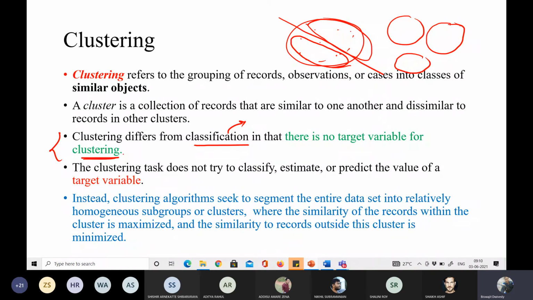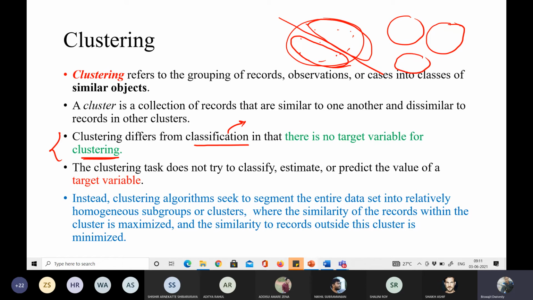In classification there may be some target variable based upon which we will be classifying things. There will be some guiding thing, or there may be some values given to us, or some predefined criteria based upon which we will be classifying things. But in clustering nothing is given.